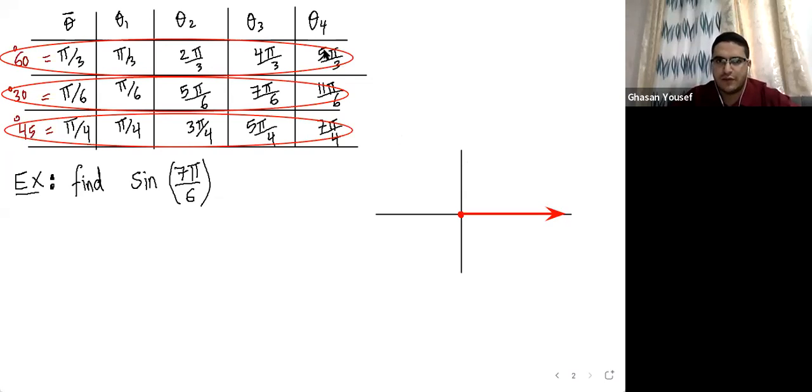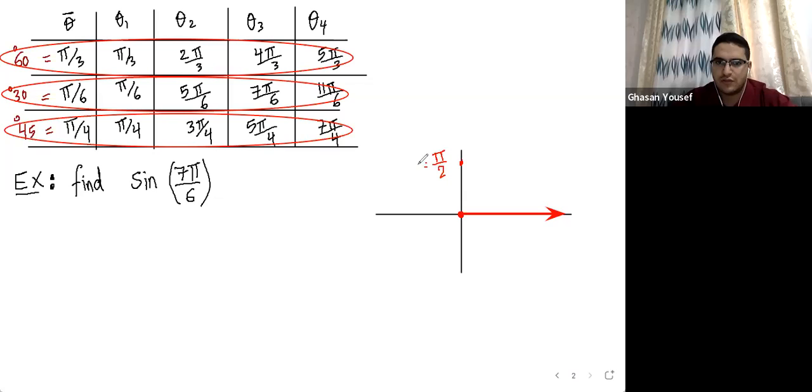Here, the first angle in the first quadrant, if you open the angle like this until this point, this angle is 90 degrees or pi over 2.